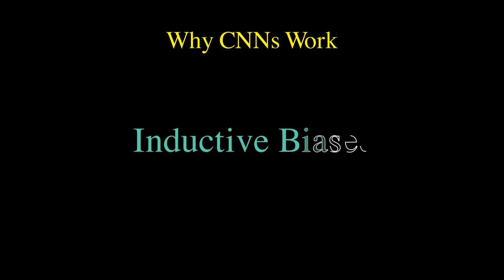Now, all these design choices, local kernels, shared weights, pooling, they might seem arbitrary at first, but they all fall beautifully into place when you think about the inductive biases they introduce. These are the assumptions baked into the architecture that make CNNs particularly well suited for visual data. The first one is local connectivity.